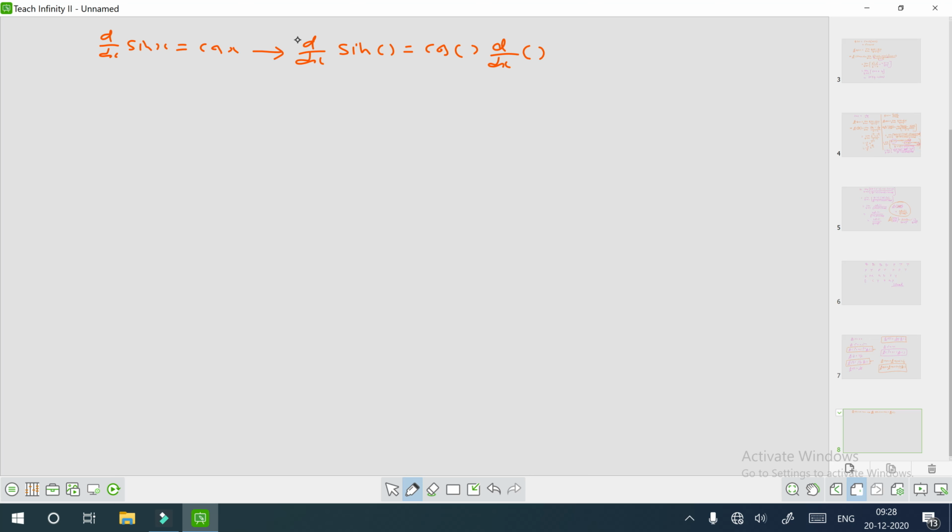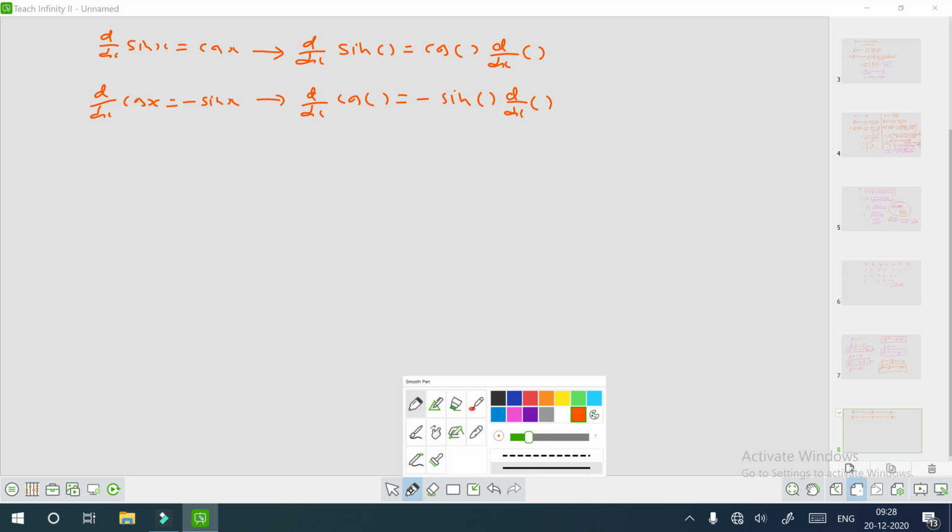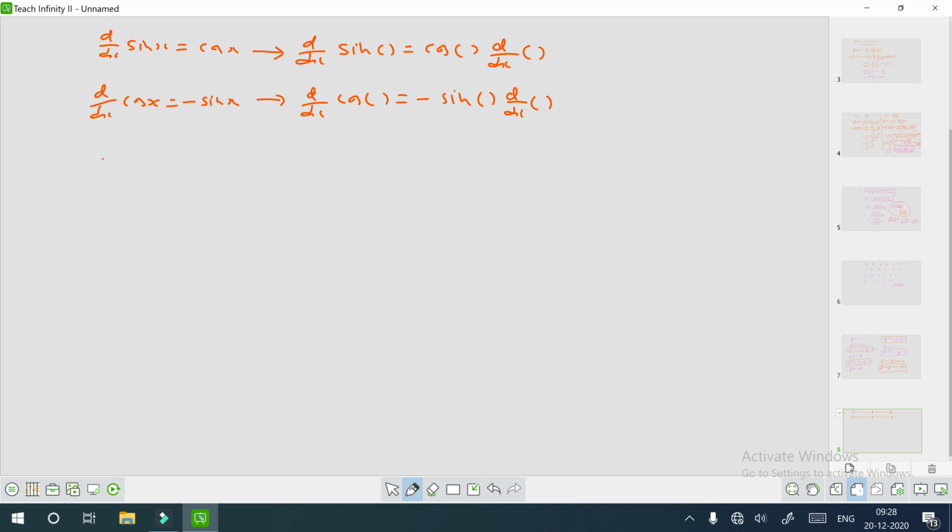Yes or no? Yes. d by dx of cos x is equal to minus sin x. This implies d by dx of cos of some function is minus sin of some function into d by dx of some function. Alright, no problem. Let's move ahead.